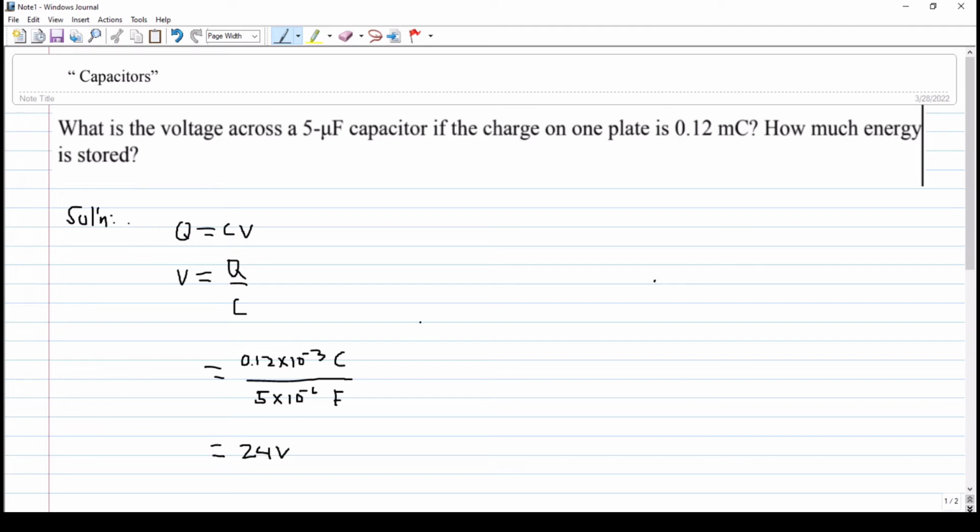Next, to find the energy, W is equal to 1 half times the capacitance times the voltage squared. So substitute the value of capacitance and voltage. So 5 times 10 to the power negative 6 times 24 squared.